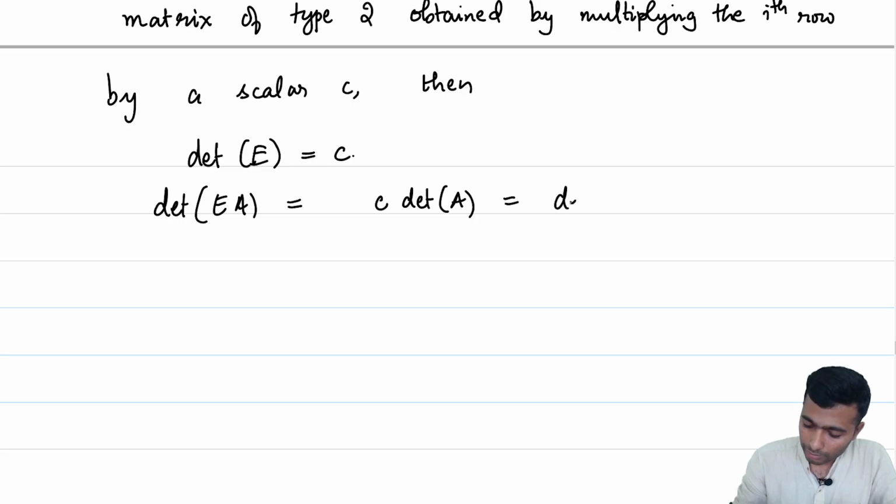But this is nothing but determinant of E times determinant of A.